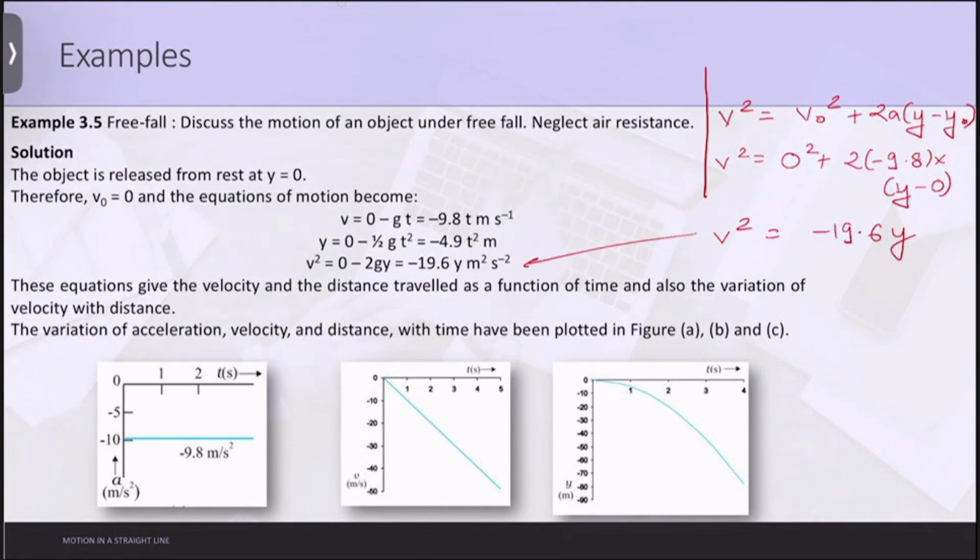Why does it have a unit of meter square per second square? Because this is velocity, so the unit is meter per second whole square, which gives meter square second to the power minus 2.